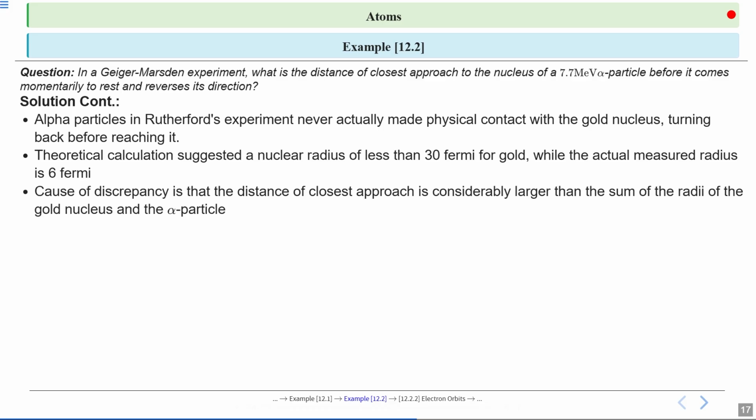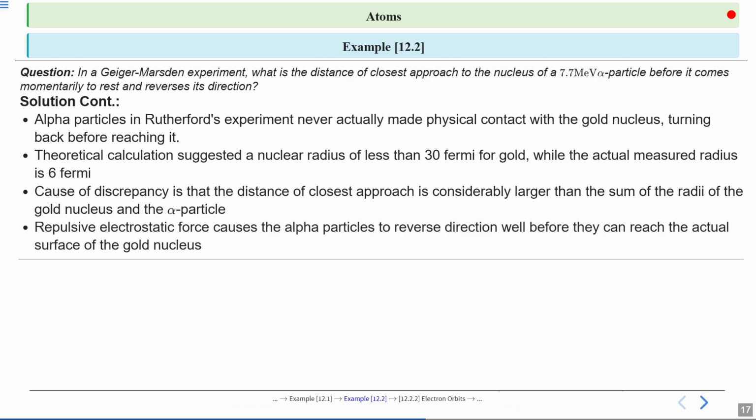So why is there such a difference? It's because the distance of closest approach is much larger than the combined radii of the gold nucleus and the alpha particle. In other words, the alpha particle is stopped by the repulsive force long before it could ever touch the nucleus itself. This shows how strong electrostatic forces can be at very short distances.